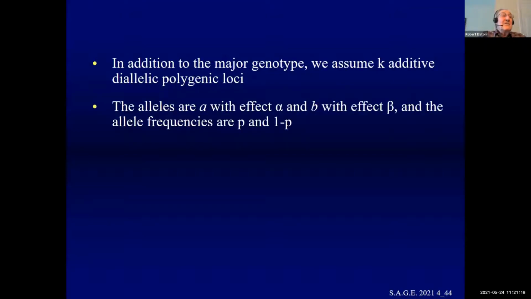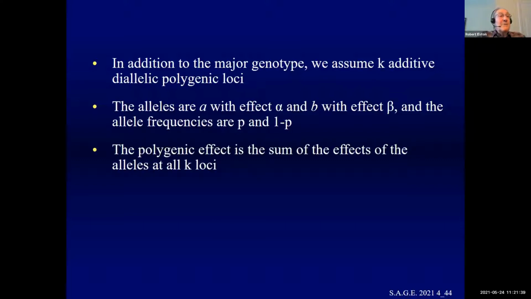The alleles are A with effect alpha and B with effect beta, and the allele frequencies are P and 1 minus P. These are for these polygenic loci. There's a finite number of them, but they're going to imitate a polygenic model. The polygenic effect is the sum of the effects of the alleles at all K loci.